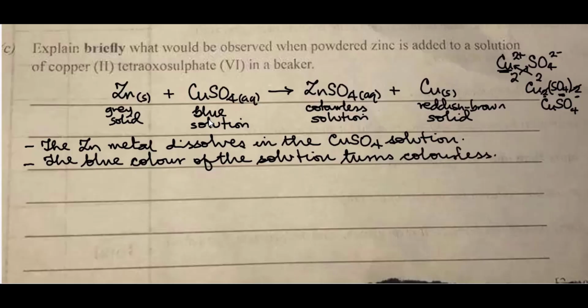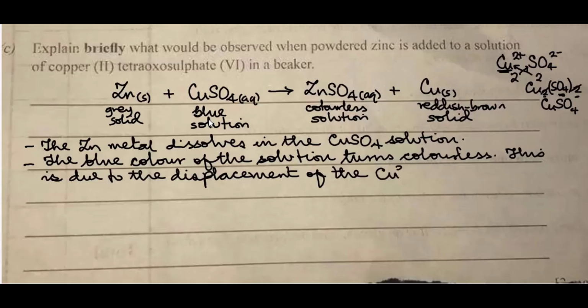And why is that so? This is due to the displacement of the copper 2 ions from the solution by the zinc metal, right? So what then happens?